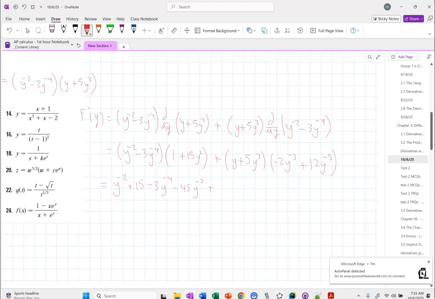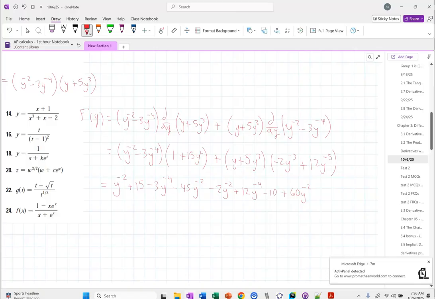Then continue foiling, so I'm going to have, well, I guess it's minus 2y to the negative 2 plus 12y to the negative 4 minus 10, and then plus 60y to the negative 2.